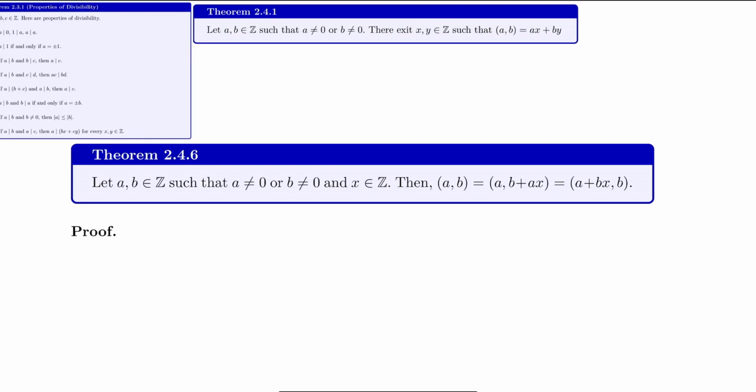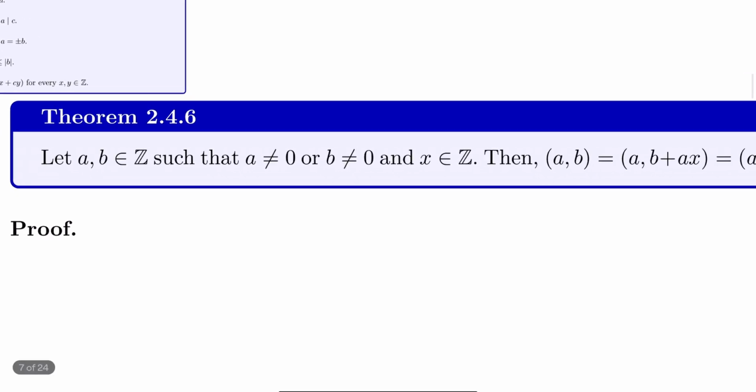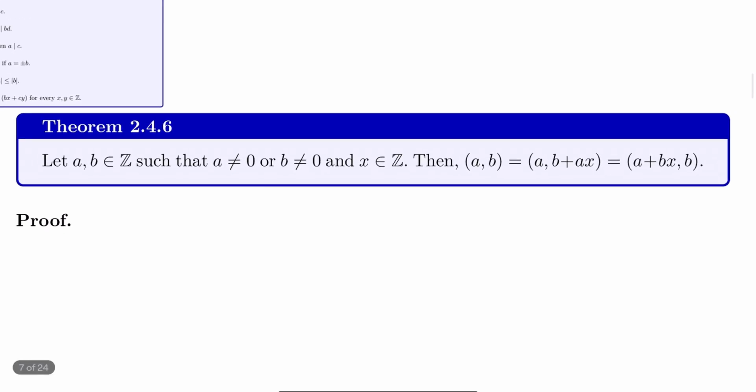Today we will take a look at Theorem 2.4.6, which states: let a and b be integers such that a is not 0 or b is not 0, and x be an integer. Then gcd(a, b) equals gcd(a, b + ax) and equals gcd(a + bx, b).